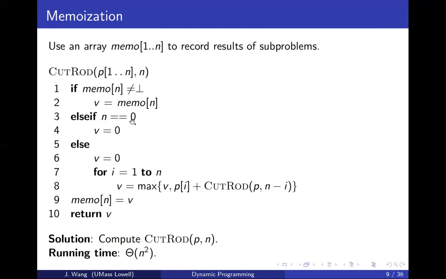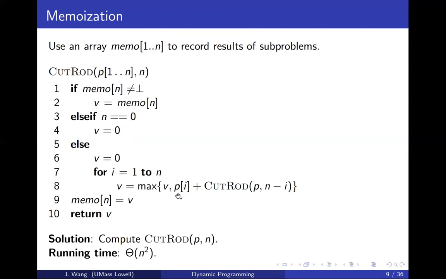Otherwise, we check if n is equal to 0, return 0. Else, we are going to find the maximum value. This is a standard technique. We first set v to 0. And then for I from 1 to n, because I don't know where the I is, I will just check.